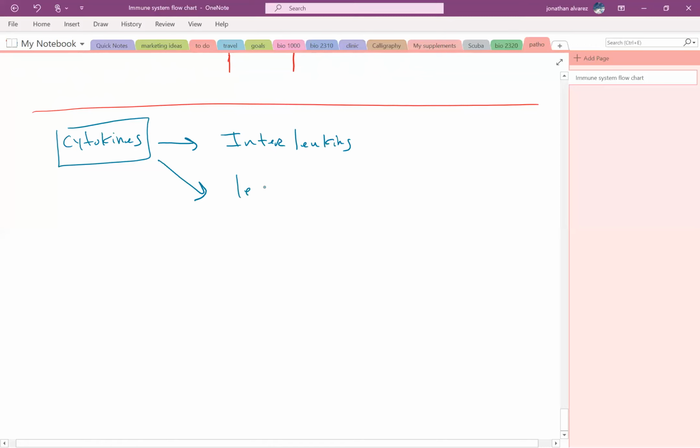Leukotrienes. And interferons. Okay. So interleukins, we have interleukin 1 through 35.